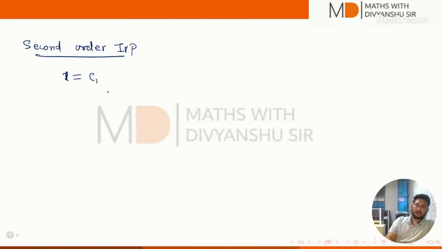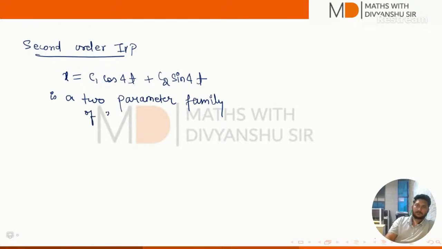x = C1 cos 4t plus C2 sin 4t is a two parameter family of solution, of x dash dash plus 16x = 0, and your aim is to find a solution of the initial value problem.